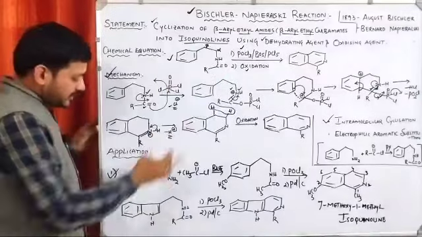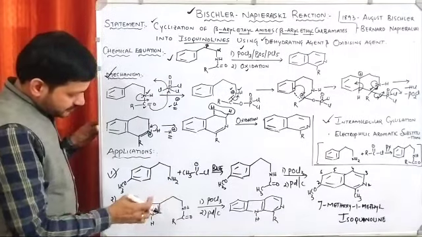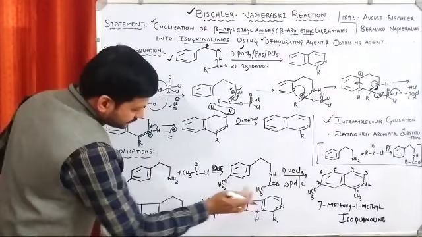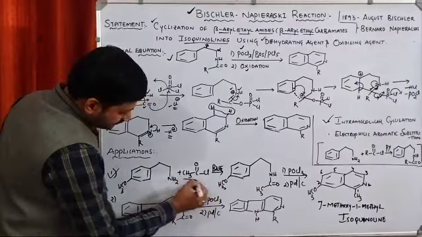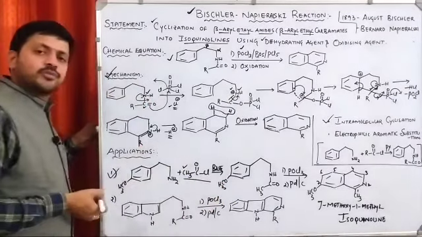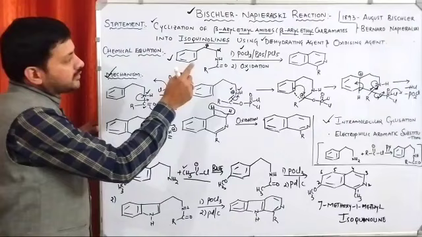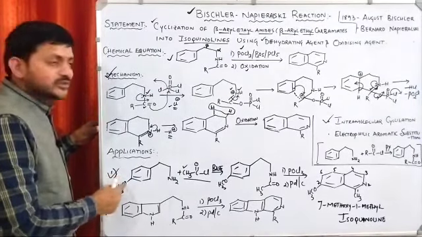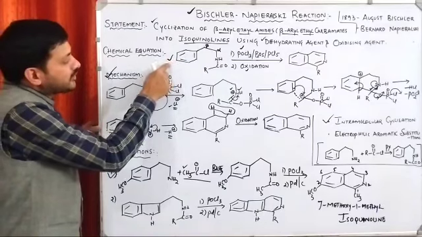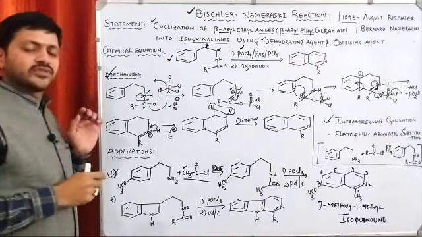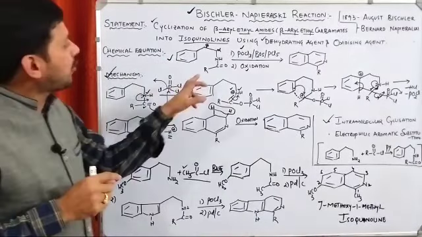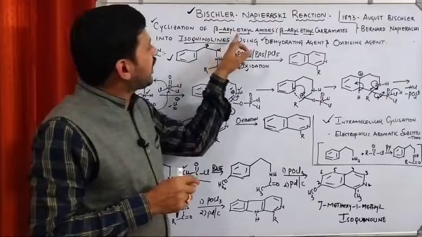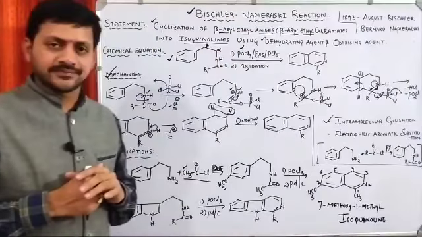Here the R is replaced with a methyl group, or not? Next one, the benzene is going to have a substitution, that is methoxy. At this position we are placing a substitution. Now the question is, how can we prepare beta-aryl ethyl amides?